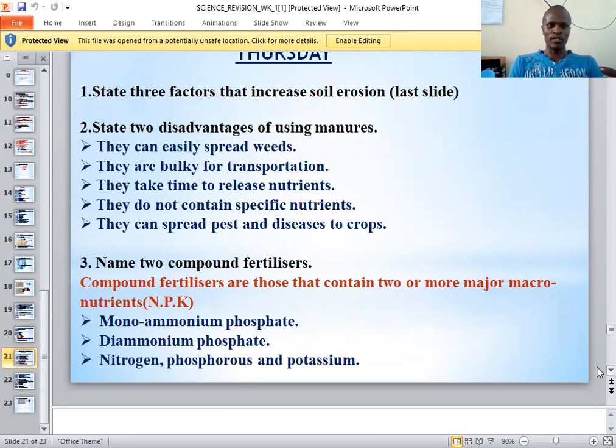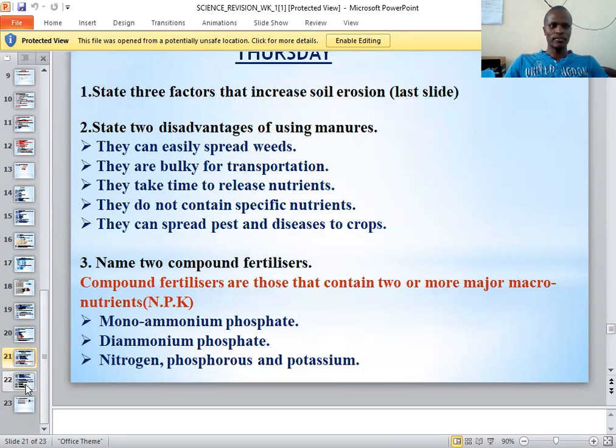That's a compound because it contains nitrogen and also phosphorus, the 2. Diammonium phosphate also has nitrogen and phosphorus. Then we also have the NPK, or nitrogen, phosphorus, and potassium. There's a fertilizer called NPK. So these 3 are the compound fertilizers. So I expected you to write the 3 of them or either of the 2.